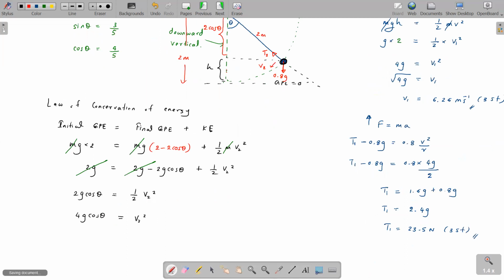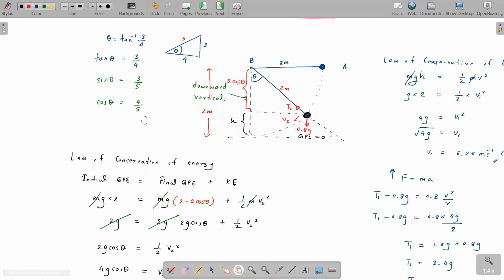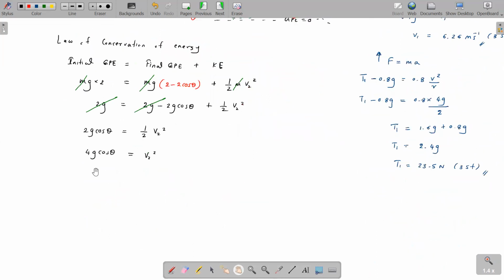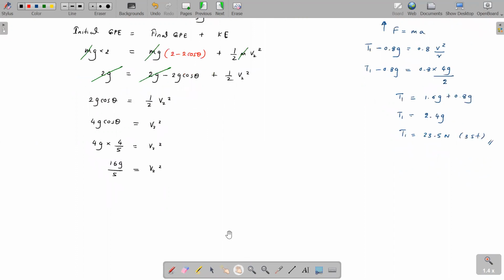Can you see, guys? And the cos theta value is known. Cos theta is 4/5. Input the value. 4g cos theta, with cos theta 4/5, equals v2 squared. So we get 16g/5 is equal to v2 squared.